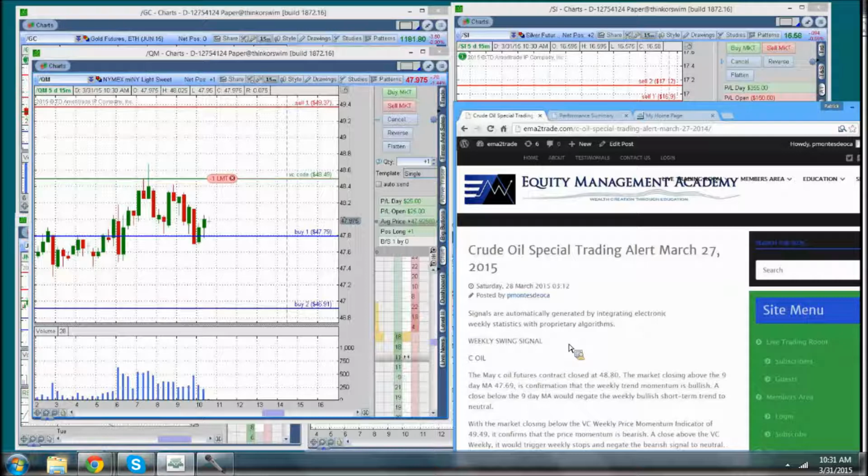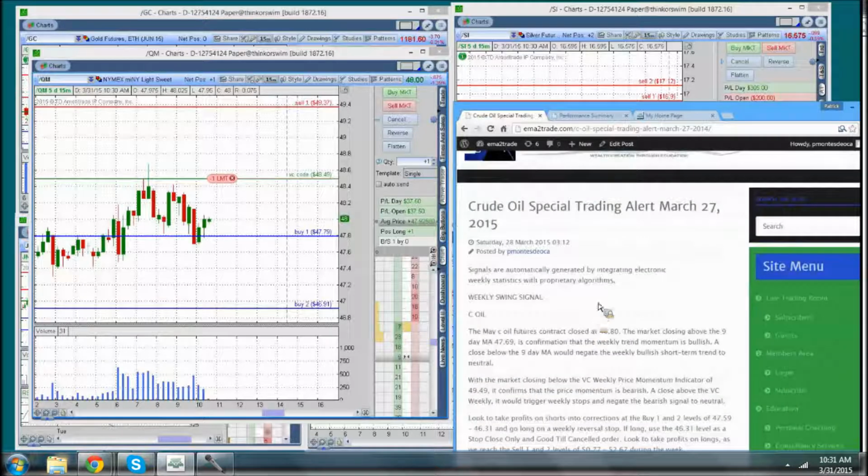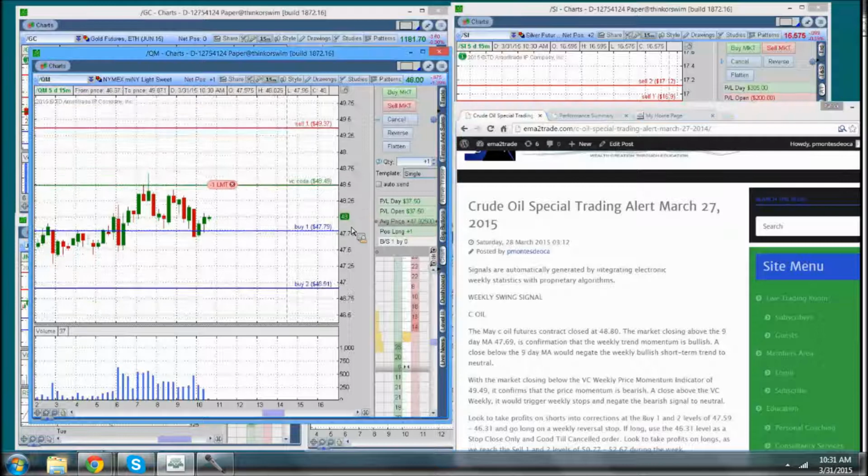So let's go right into it and review what the algorithms that we use were indicating as of March 27 for the crude oil market. Just to comment, currently on the left chart, you see an algorithm that we use for the daily signals that produced a buy signal on crude oil, which we purchased at 47.92.